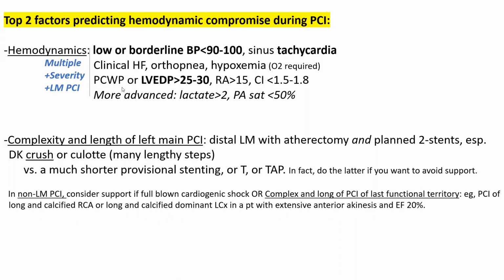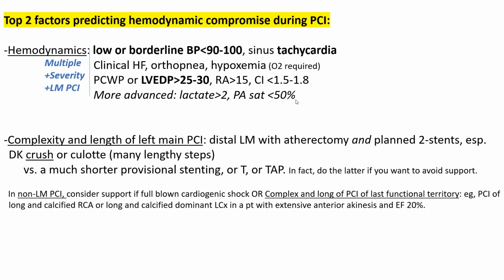So I look at those, then the invasive hemodynamics, particularly the LVEDP that we get during our diagnostic angiogram. Over 25 is worrisome. 16 to 25 is borderline, but over 25, especially over 30, is particularly worrisome for hemodynamic decompensation during PCI.